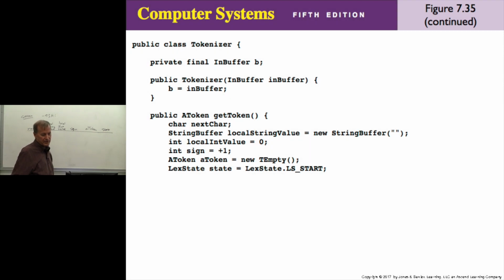By the way, it was local int value. Oh, we kind of skipped something here. First of all, when we did string buffer, it was local string value gets what? Yeah, so this one is initialized to the empty string, and local int value was initialized to what? 0, and sign was initialized to +1, and a token is initialized to what?